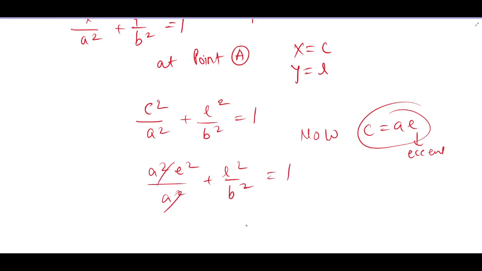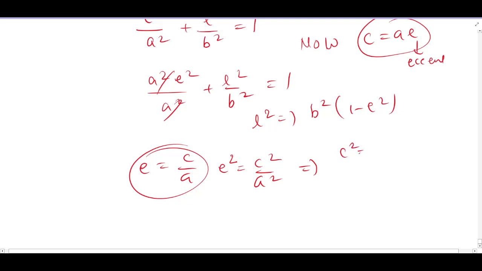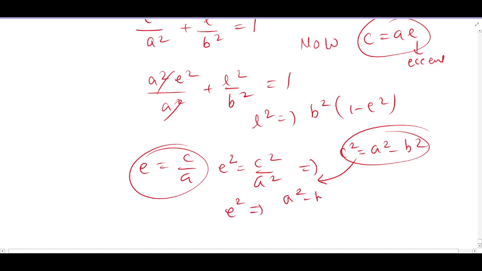So we get L square is equal to b square times 1 minus e square. Again put e is equal to c by a, so e square is equal to c square by a square, and we know c square is equal to a square minus b square, therefore e square is equal to a square minus b square by a square, which is equal to 1 minus b square by a square.